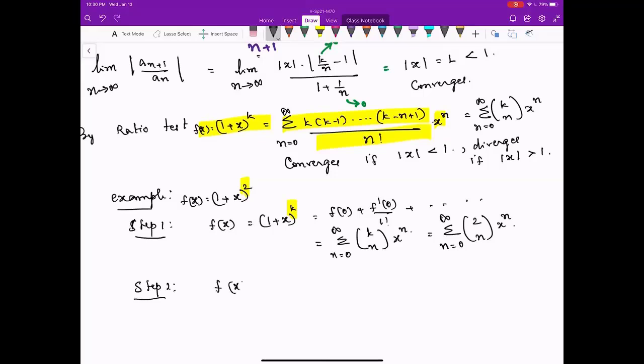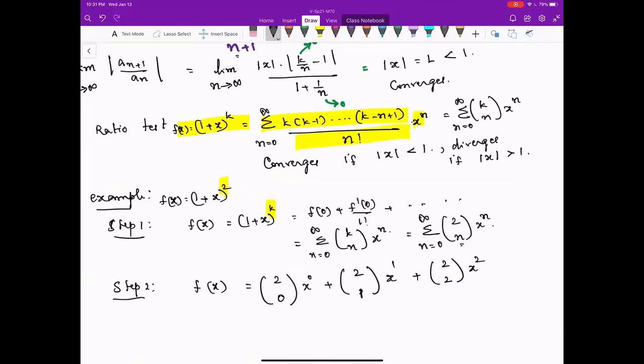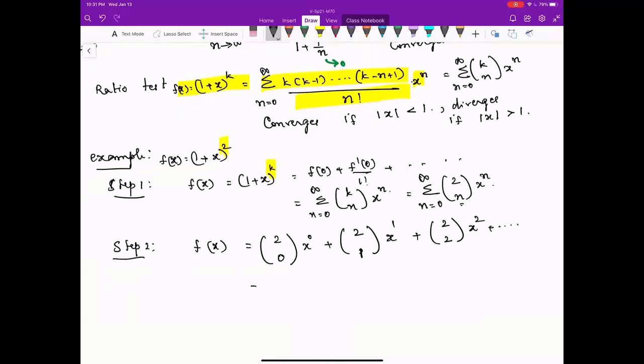When we write this in expanded form, we plug in: 2 chosen 0, x to the power 0, 2 chosen 1, x to the power 1, 2 chosen 2, x squared. If we continue, the next term would mean 3 chosen out of 2, which is not valid, so the rest of the terms will become 0 here.